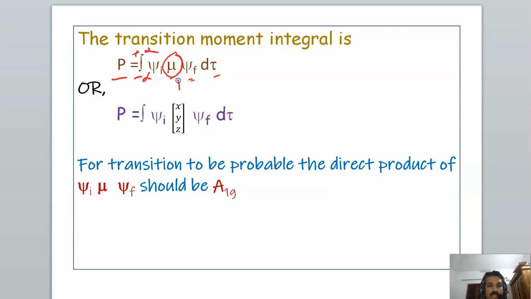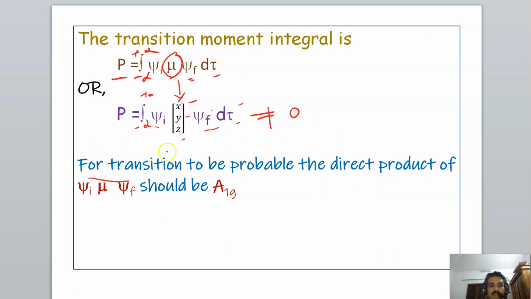And this mu can be resolved into three components in the x, y, z directions, and their operators are the x, y, z coordinates themselves. So the integral from -infinity to +infinity of psi i x psi f d tau, or psi i y psi f d tau, or psi i z psi f d tau. That we know already. And for the transition to be probable, listen, this integral should be not equal to 0.